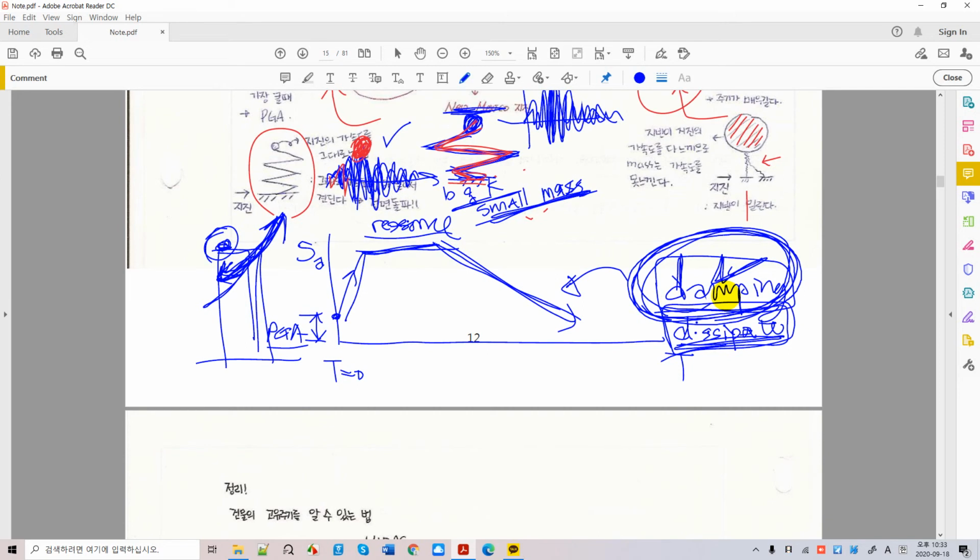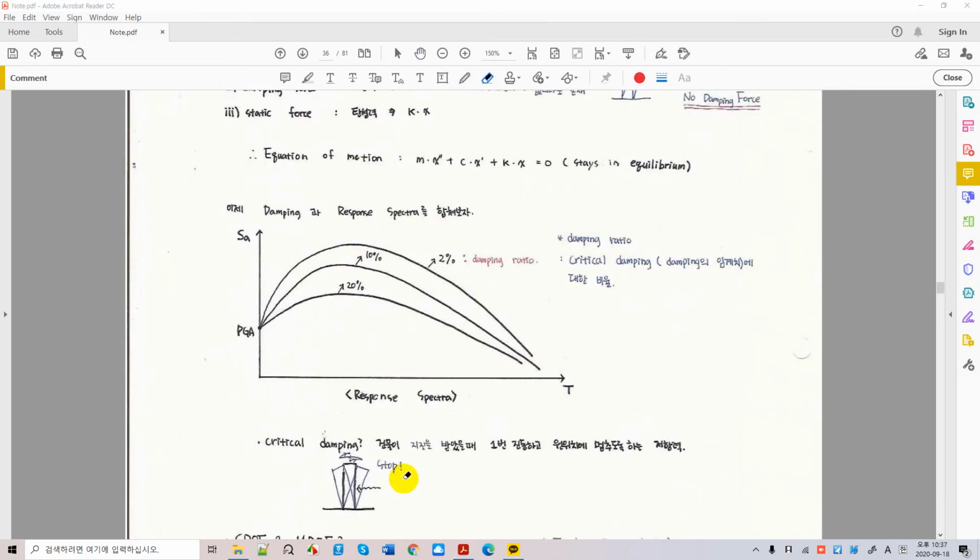So now you have damping here. Let's take a look at damping in the response spectrum. Okay, the response spectrum will look like that if you consider damping. Here, this is the 2% damping, and this is the damping with 10%, right? And this is 20.